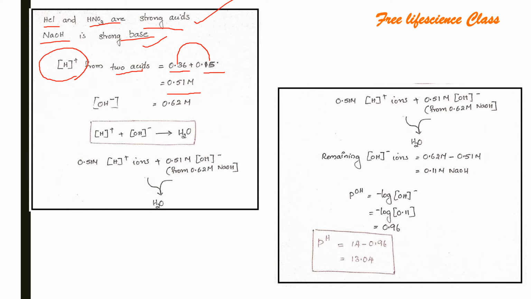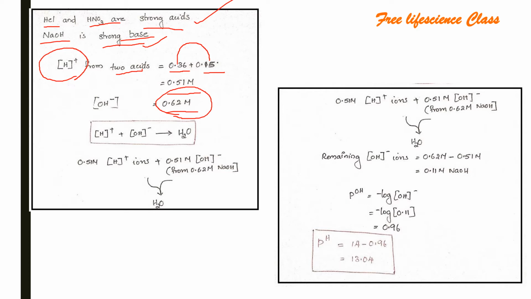Then next is to find the OH minus ion. Here only one strong base is there in our solution, so it is 0.62 mole. And we know that one H plus ion combines with one OH minus ion to produce water. So here we take 0.51 mole H plus ion against 0.62 mole OH minus ion.